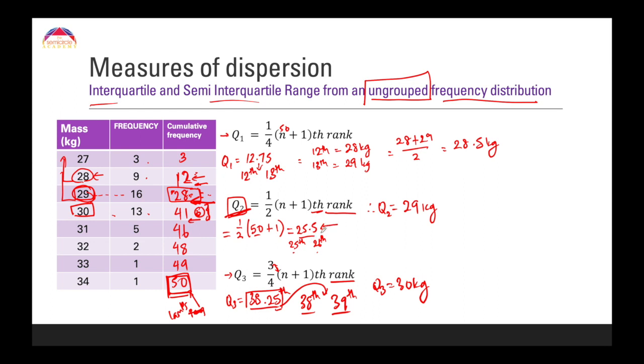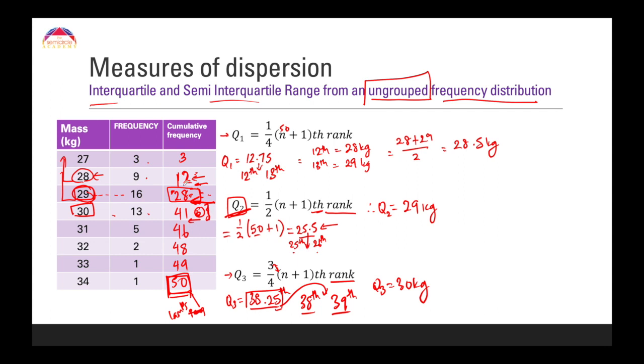But this 25.5, well, it can't be possible because I'm dealing with lambs, or I'm dealing with people. So it could either be 25 or 26. So this 25.5 lies between the 25th lamb and the 26th lamb. So what I needed to do here was go and see where the 25th and the 26th lambs lie.